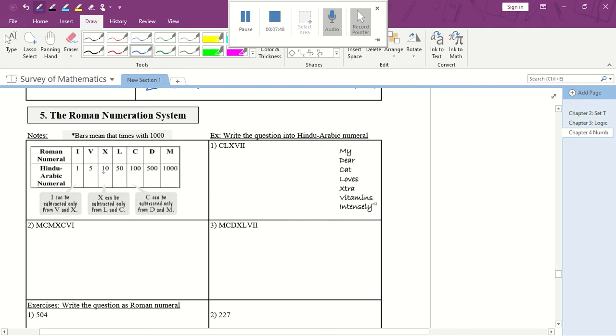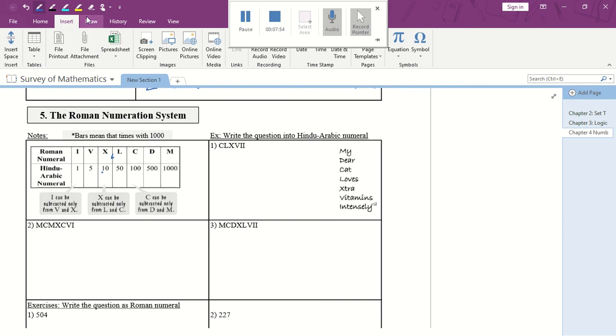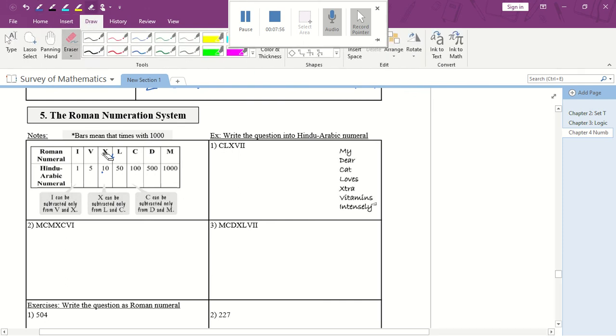However, we don't know that actually there's also L representing 50, C representing 100, D representing 500, and also M representing 1000. So you might think, how can I remember this I, V, X, L, C, D, M?